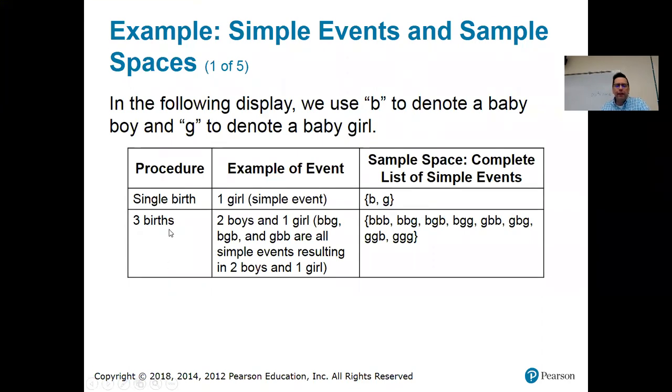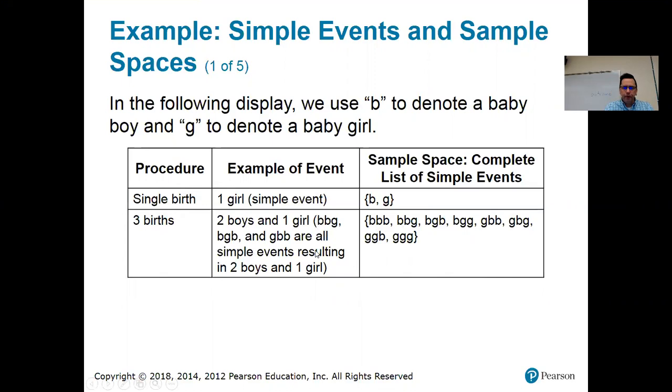However, if you look at 3 births, let's say we look at families that have 3 children, and we look at the order. For example, in my family, it went girl, girl, boy. I'm the youngest. But the other possibilities are right here. You could have 3 boys, you could have 2 boys and then a girl, you could have boy, girl, boy, girl, et cetera.